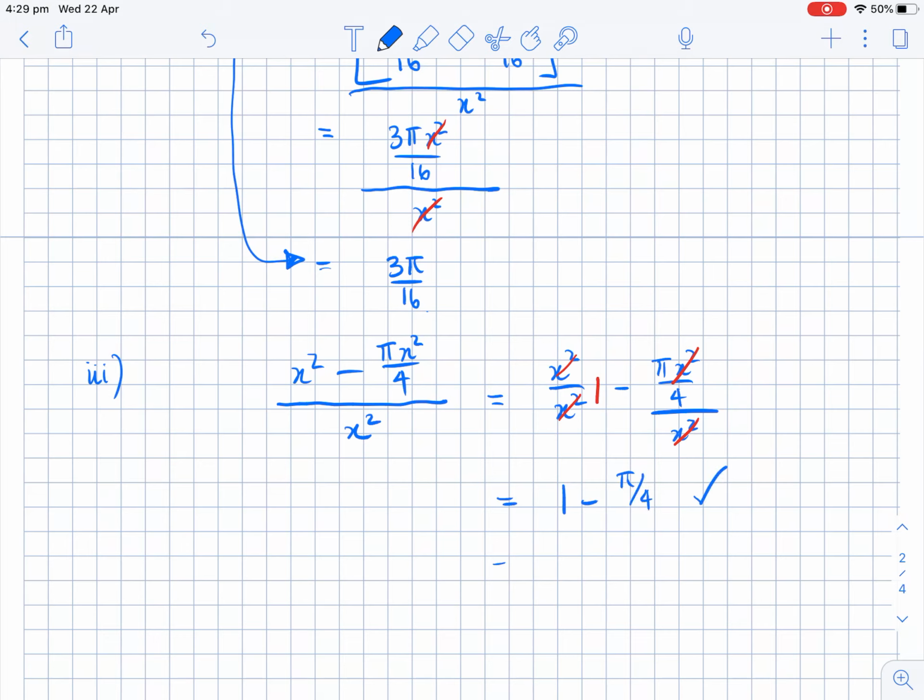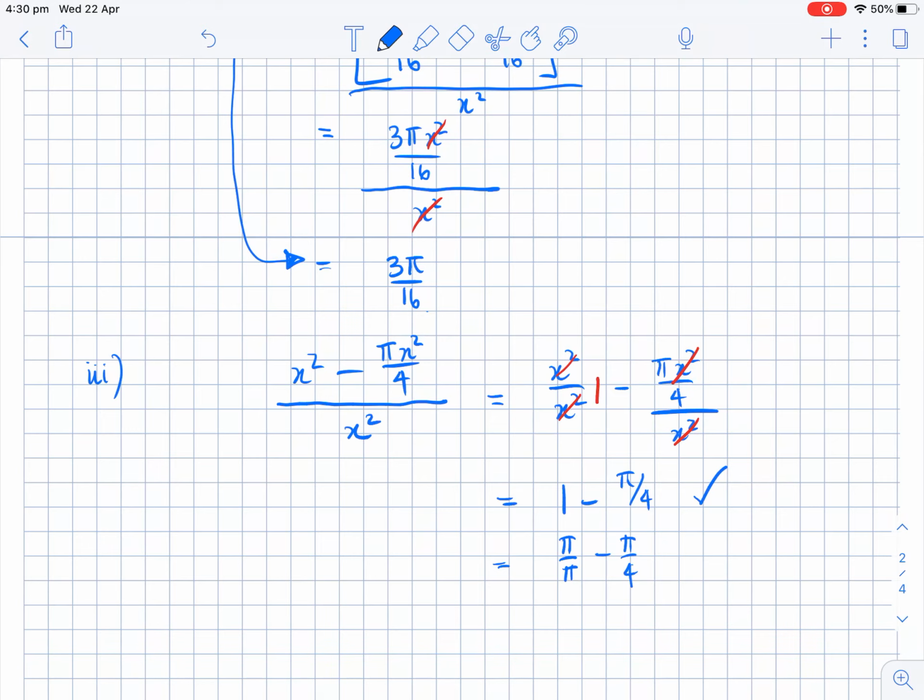And then that could be my final answer, or I could get a common denominator here, or just use common sense. 1 take away pi on 4 will be 3 pi on 4. Oh, I don't know if that's right now that I've said that. Let me actually just check. Let's go back a step. I'm doubting myself. Maybe it's because it's the end of the day. 1 is pi on pi.